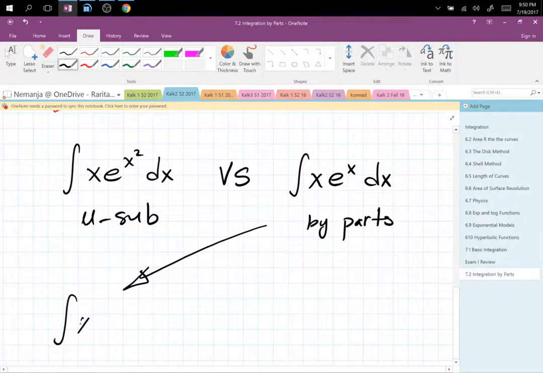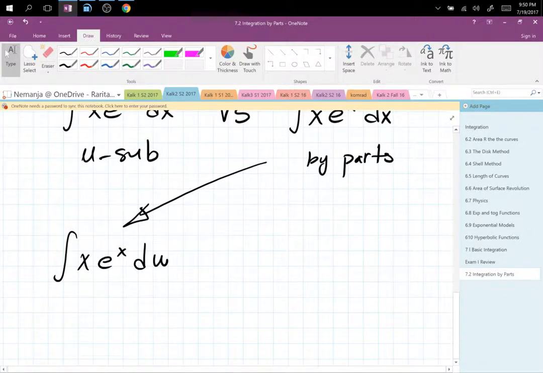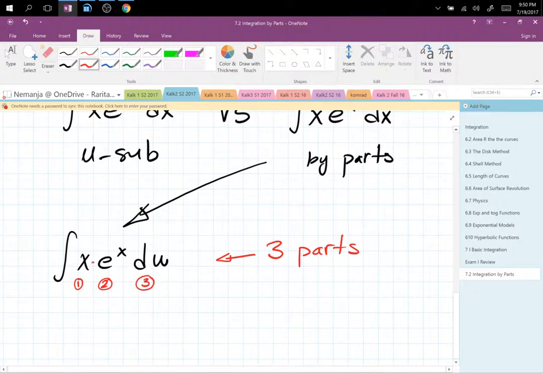So I have, as you can see, this problem here has 3 parts. There is part number 1, part number 2, and part number 3, because they all have multiplication in between. You could have just du to be a part.